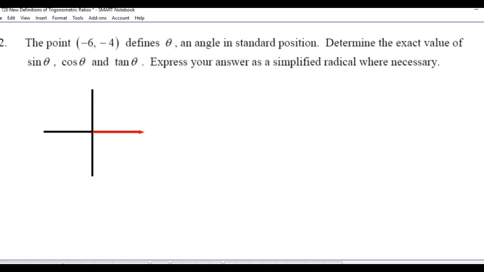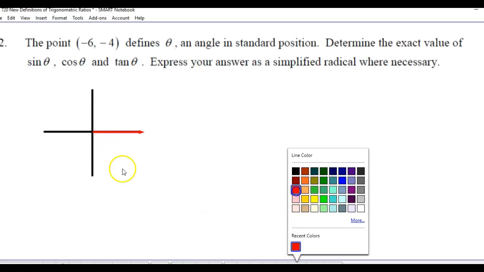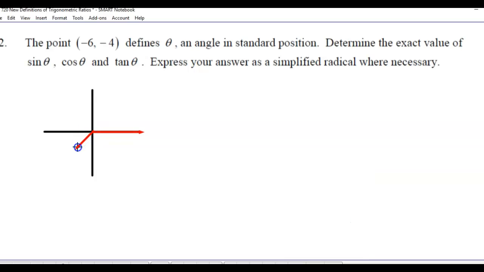So -6, -4 looks something like that, where you can plot the point first. So this would be -6, -4.